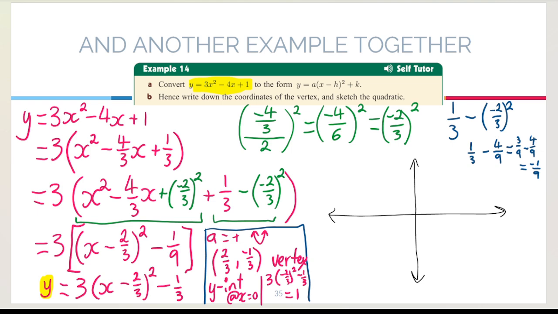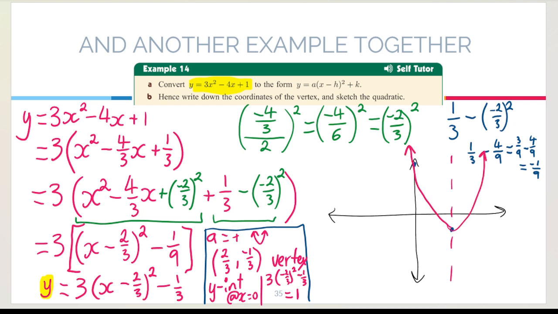Let's put in the things we know. So vertex, 2 on 3 and -1 on 3. So let's zoom in on our graph. So let's say that this is 2 on 3 and that's -1 on 3. So if that was 1/3, that means that our +1 is probably going to be somewhere up here. Our axis of symmetry is here, and we go ahead and we draw.